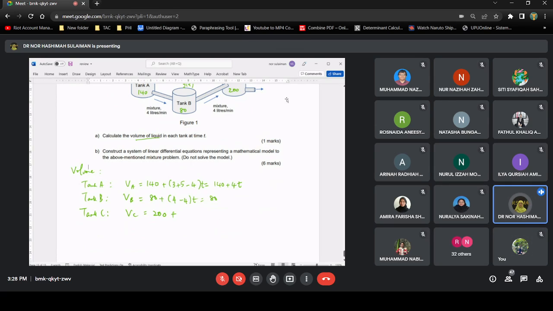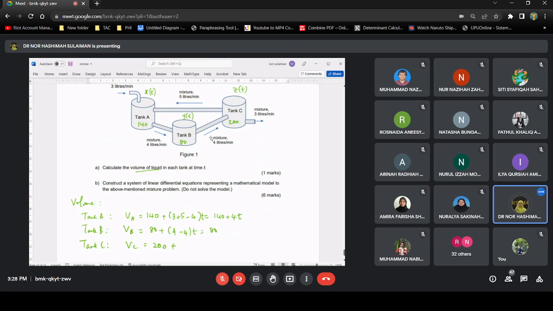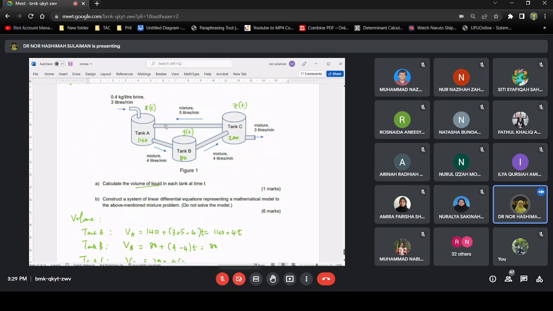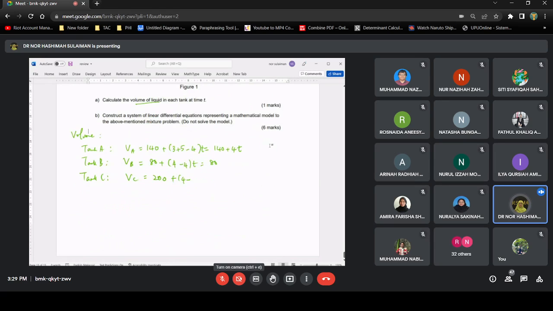Okay, the rate that the water goes into tank C, ada berapa outlet? Inlet ada 1. Ada 1 yang masuk, 2 keluar. So meaning that you to add with 4 and then subtract with apa yang keluar berapa? 1 ke arah A, 1 lagi keluar daripada sistem. So you have 5 minus 3, right? 5 minus 5 minus 3. So dapat berapa ni? 200 minus berapa ni? 4 tolak 8. Betul?